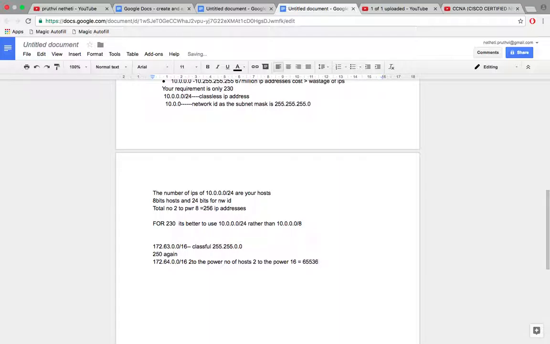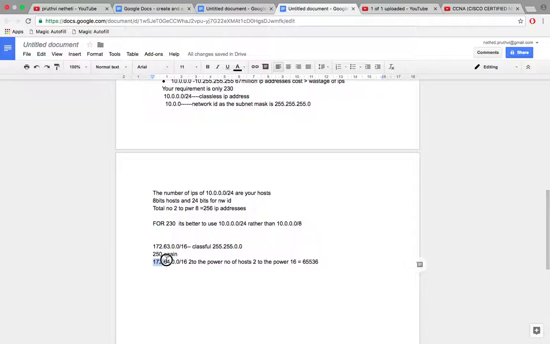So with the network of 172.63.0.0/16, which is a classful IP address, you have 65,536 addresses. But your requirement is again 250, a very small count. So for 250 addresses, there is no need to waste. Around 65,000 addresses are wasted.